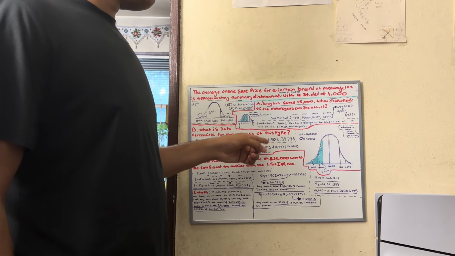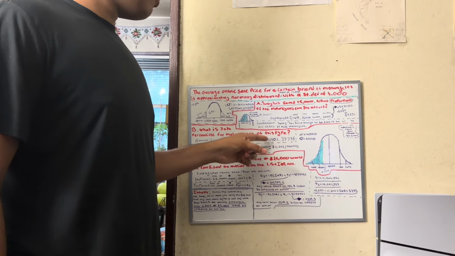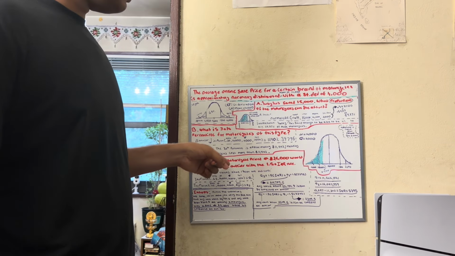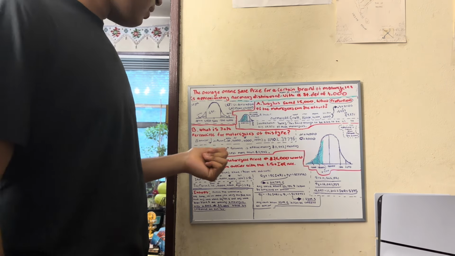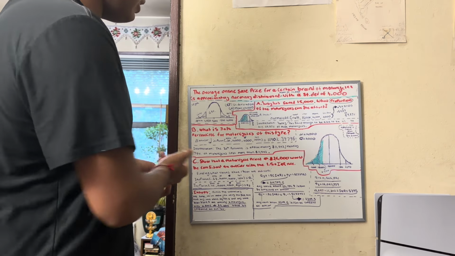So now we have 11,902.39796, sorry. And this gives us the value of what the 30th percentile is. And that's great, but we need to learn the interpretation for that.